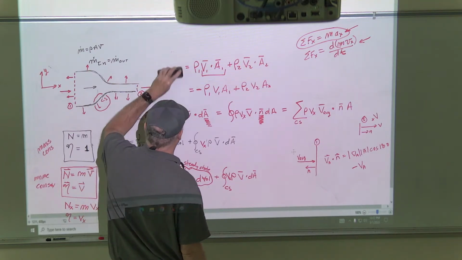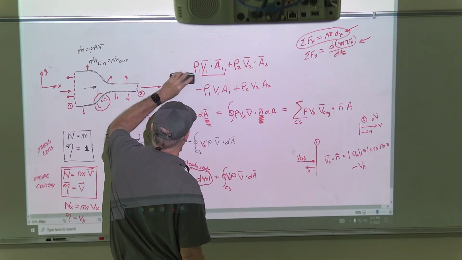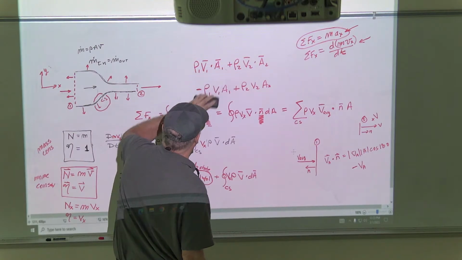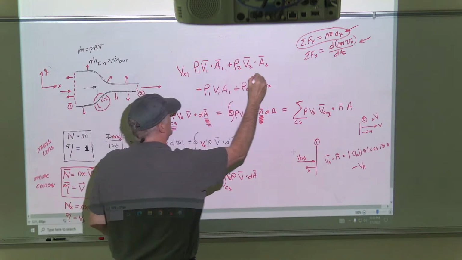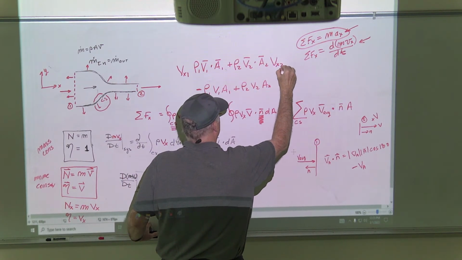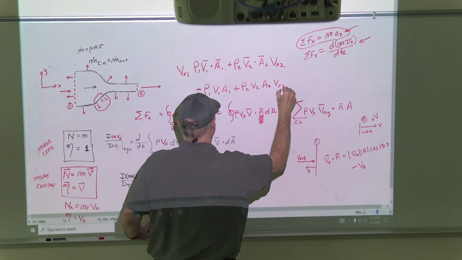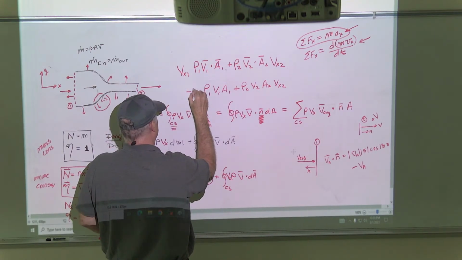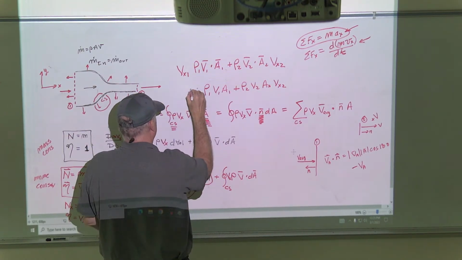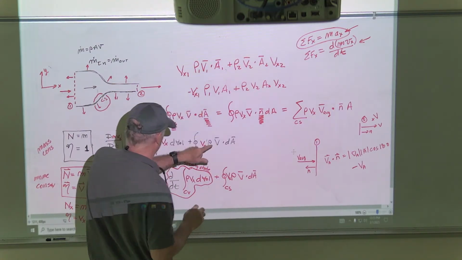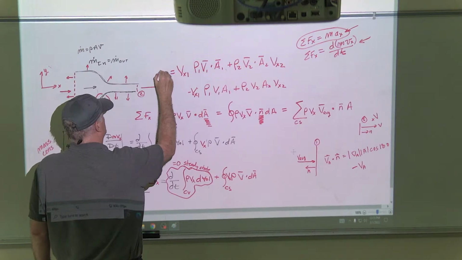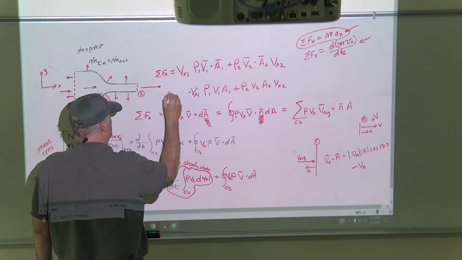First of all, I can't do that anymore, so I can do Vx2 minus Vx1, but it's no longer equal to 0. It's equal to the sum of the forces in the x direction.